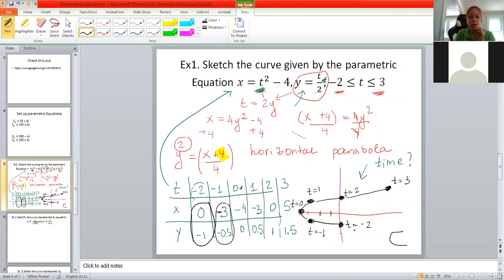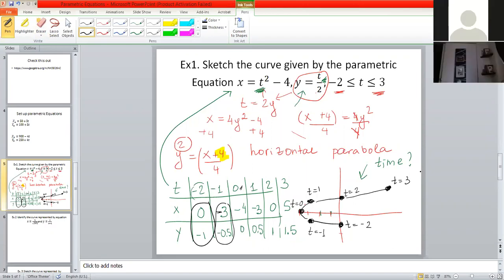You need to identify the location at every point. So please be very, very careful with that. That's the difference between a regular equation and a parametric equation, because now we have another parameter, which is time. I'm pausing here and asking you to ask me questions if something is unclear.